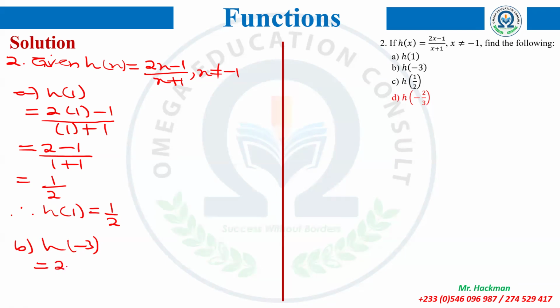So I'm going to get 2 into -3, -1, all over -3 plus 1. This will be equal to, in my numerator, I expand the first term, so that will give me -6, then -1 all over my denominator, which will give me -3 plus 1.